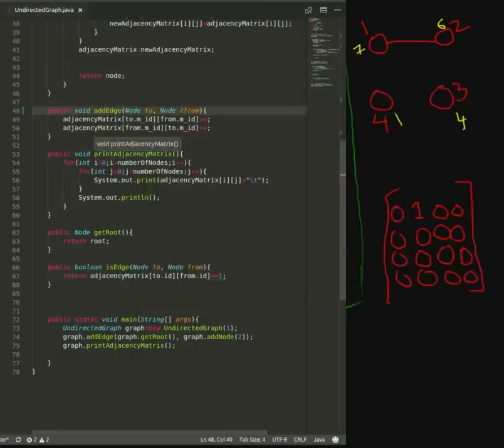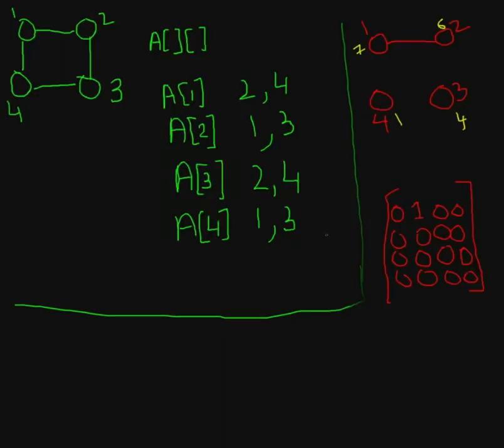then the adjacency matrix at 2, 1 will also be set to 1. Since this is an undirected graph, we will also set the value of 2, 1 to 1.